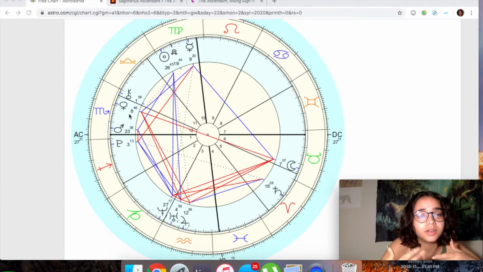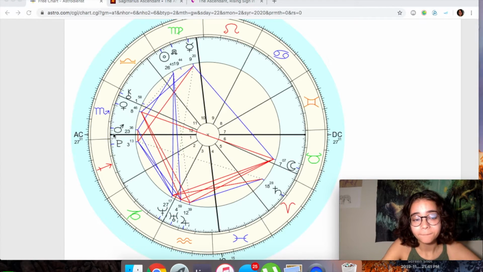That's something that we develop during our childhood when we're growing up. And so that's the representation of the first house. The first house starts on the ascendant line and ends where the second house starts. This is the first house, and it ends right here. The second house starts right here.